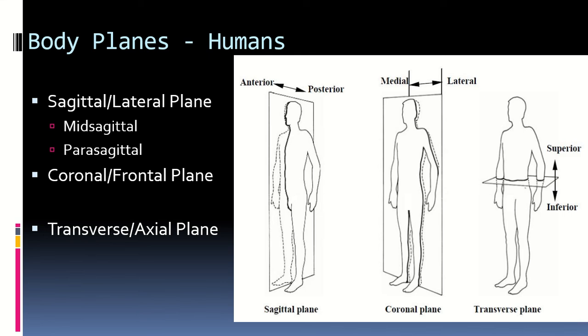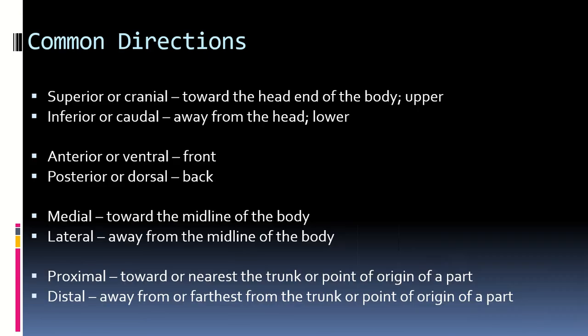And then for the transverse plane, the further you are moving up the body, that is the superior direction, and the further you are moving down the body, that would be the inferior direction. These are the anatomical directions that you will use quite often, especially in the laboratory component of Bio 130.